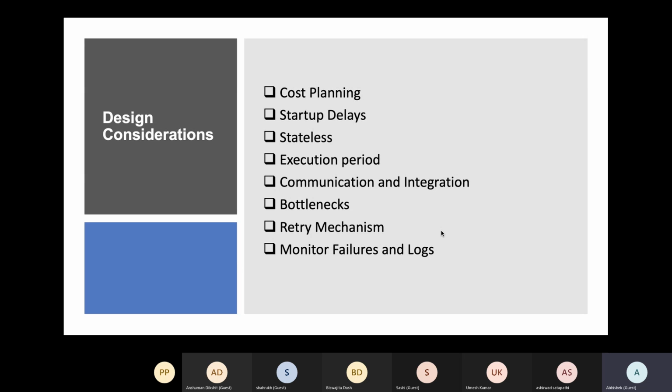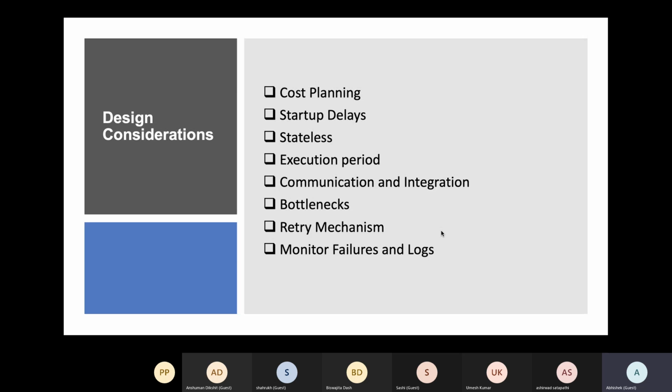Another is monitoring failures and logs. Monitoring is a very important aspect here, because serverless applications normally consist of a lot of services, and a lot of services will be generating tons of logs. You should be able to work efficiently with the logs. Maybe you can use Azure Monitor, and in my designs, I normally prefer using AppDynamics. It's a service provided by a third-party vendor.